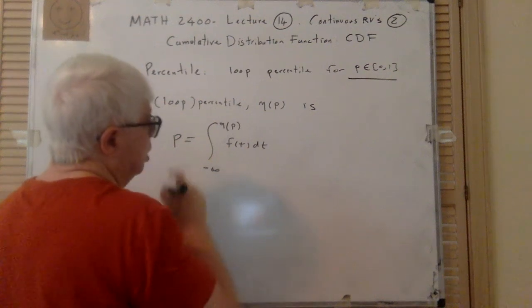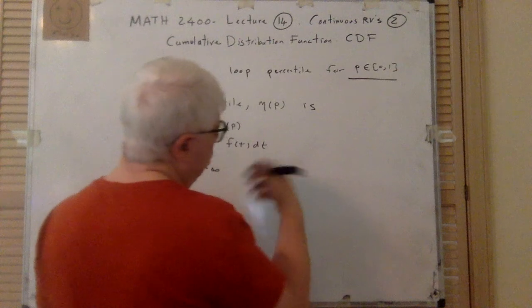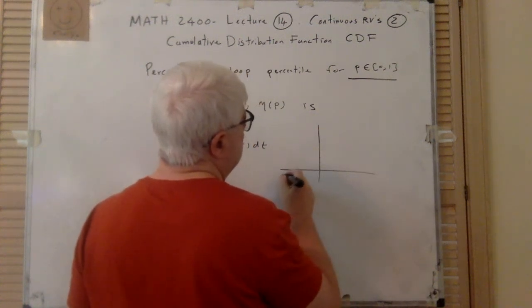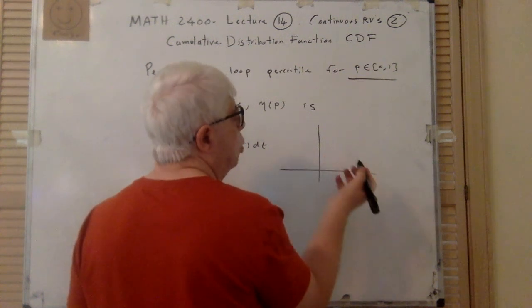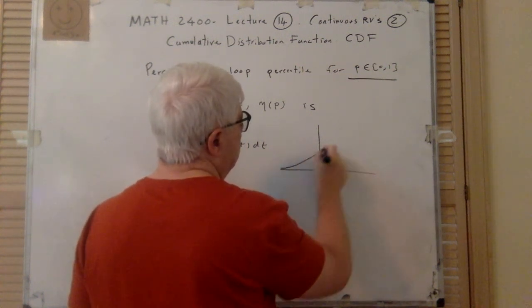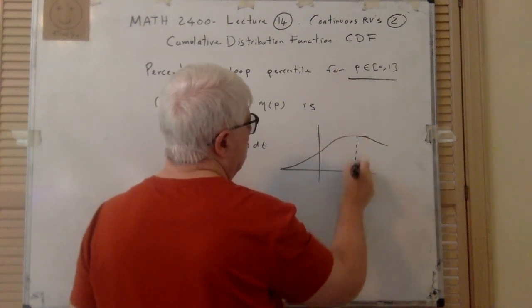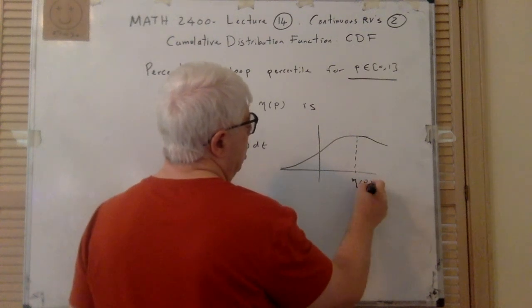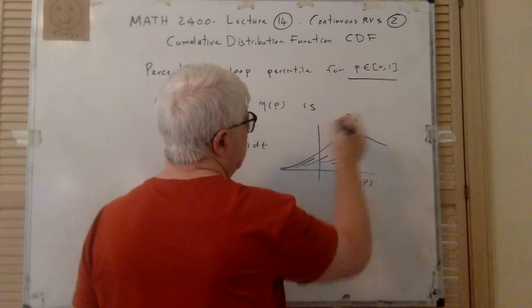Okay, so it's going backwards. In fact, it's saying, if I am given some probability, like 75% or 0.75, I have to find this eta of p, and this area is p.